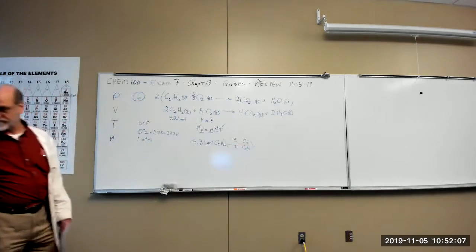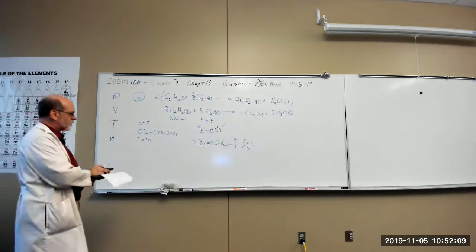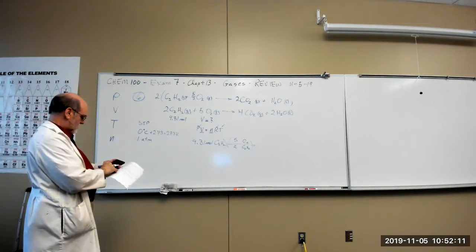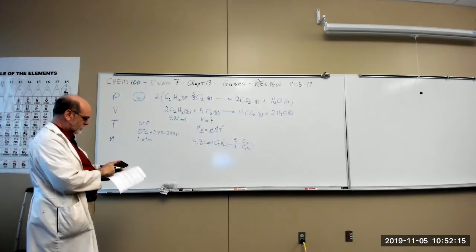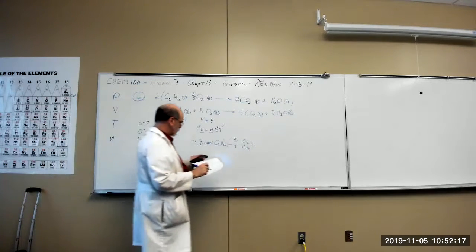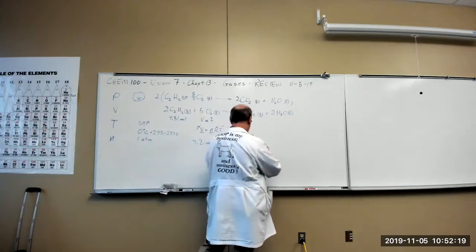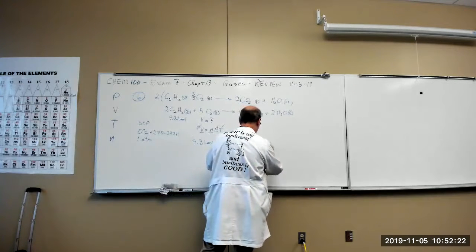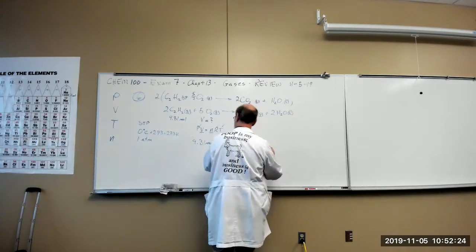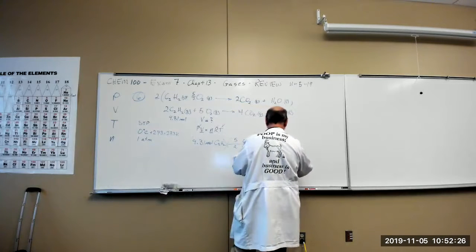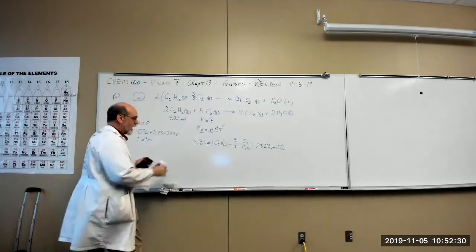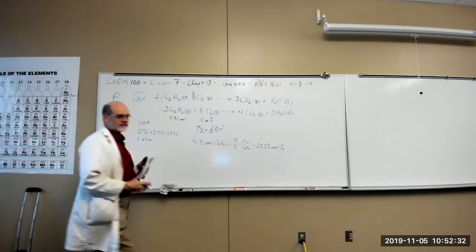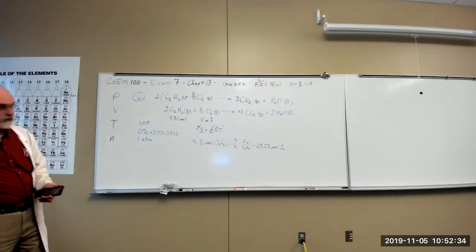Okay? So if we take 9.31, multiply it by 5, and divide by 2, we get 23.28 moles of oxygen.